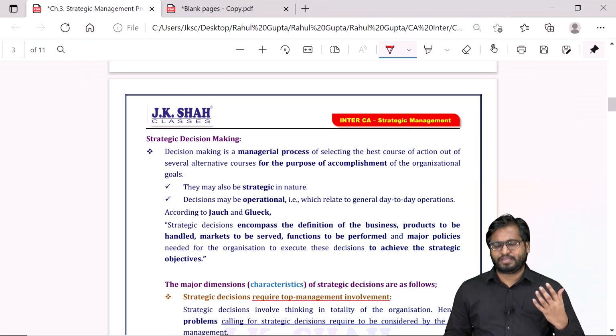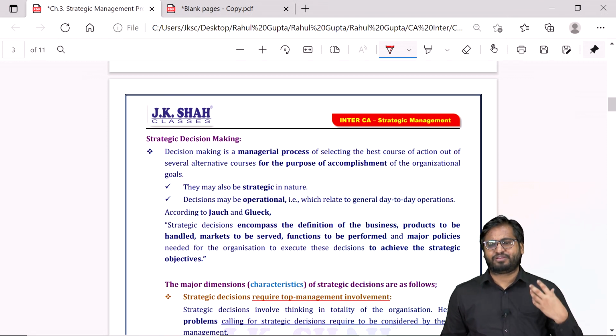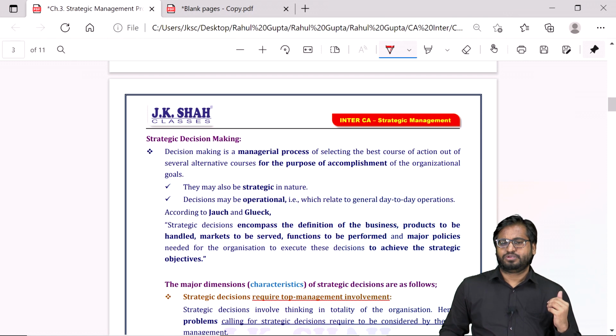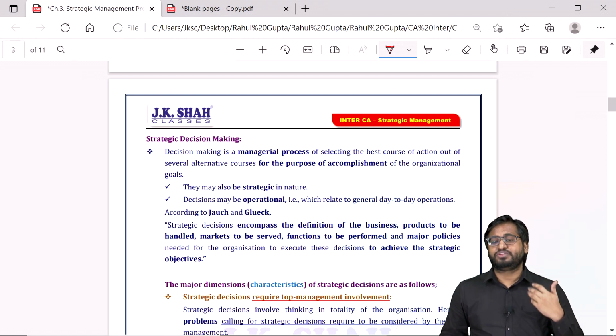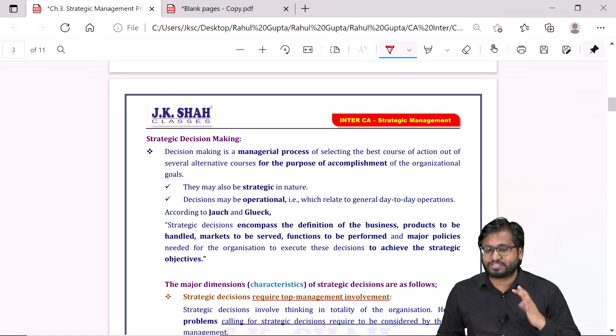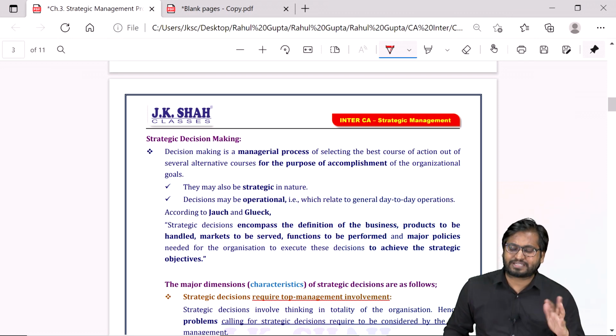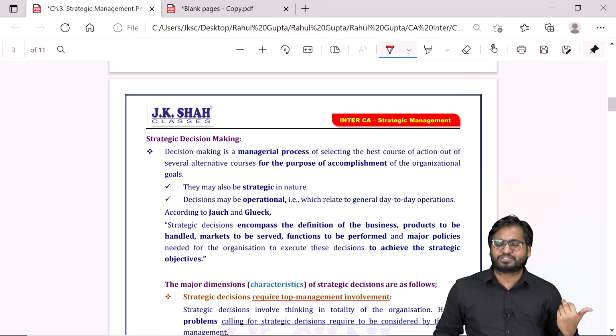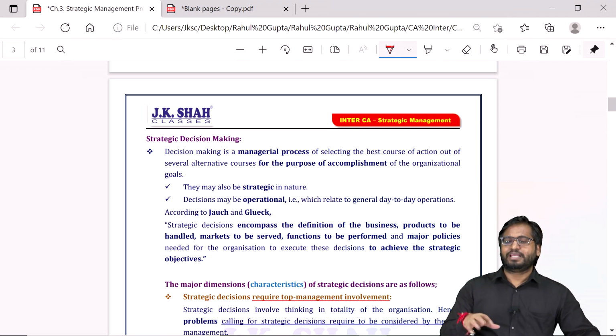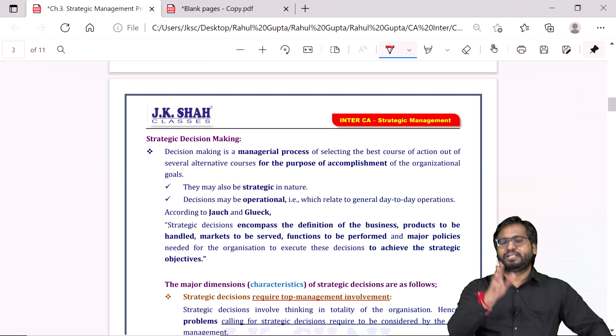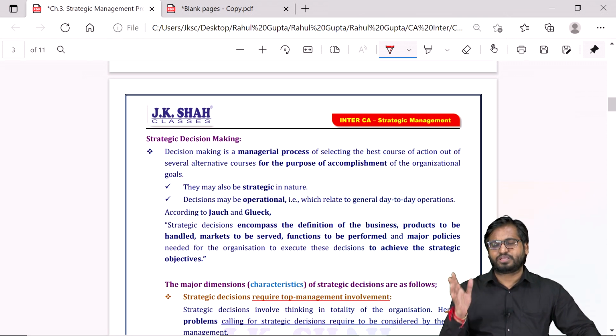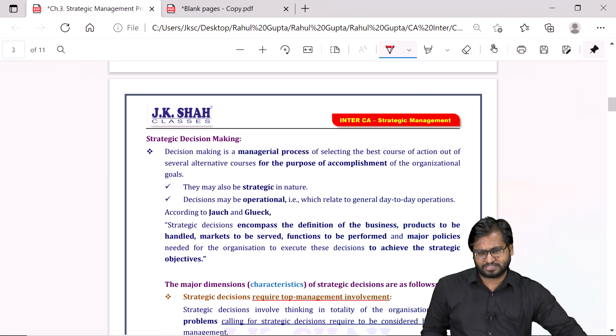If a company is in the business of manufacturing cars, what sort of cars will we make? Whether we should go for electric vehicles, whether we should continue making petrol cars, diesel cars, CNG cars, or we should think about expanding our business, extending our line, and also think about going for electric vehicles.